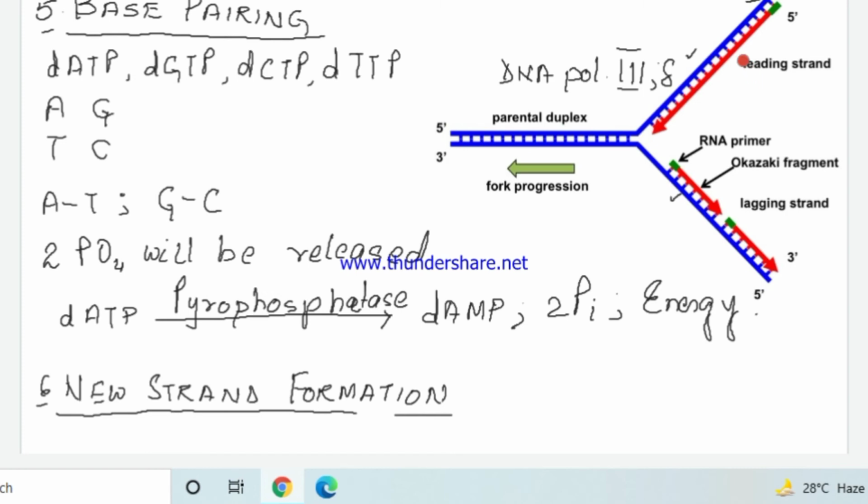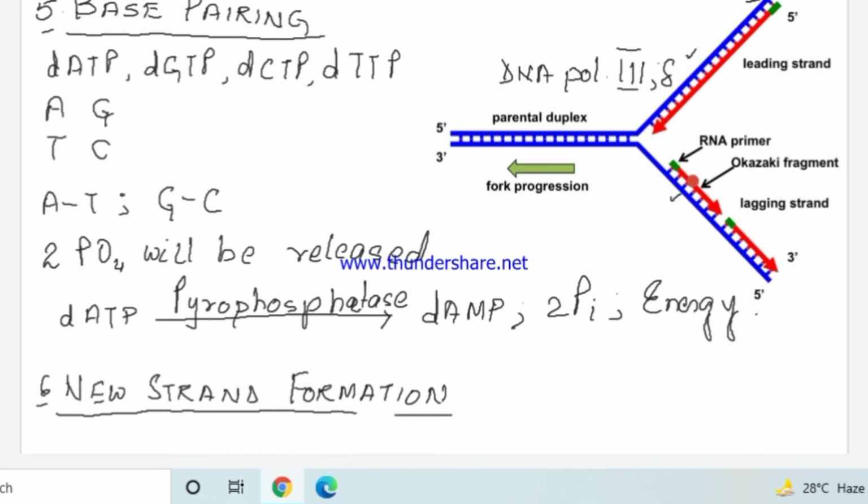Now, in the opposite strand, the 5' end is free, but DNA polymerase cannot catalyze the addition of nucleotides in the 3' to 5' direction.